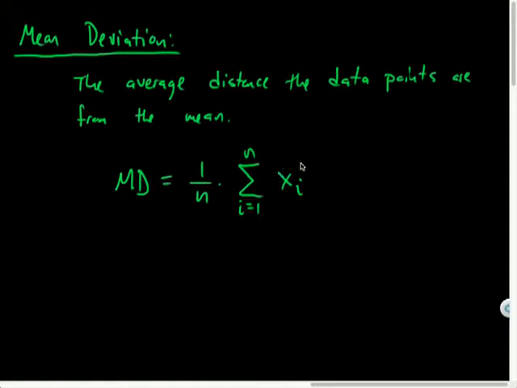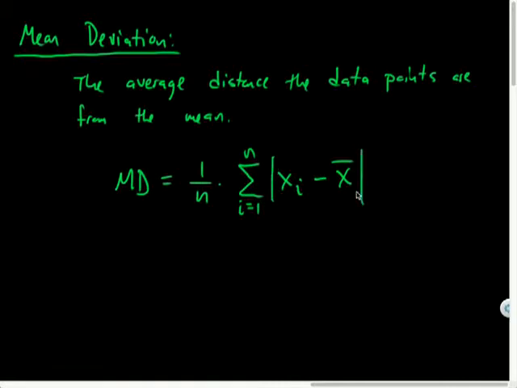So instead I want to take my data point and subtract the mean from it. If my average was 4 and my data point was 7, that distance would be 3, so I'd have 7 minus 4. But this is a difference currently. To get a distance, I want it to be positive.